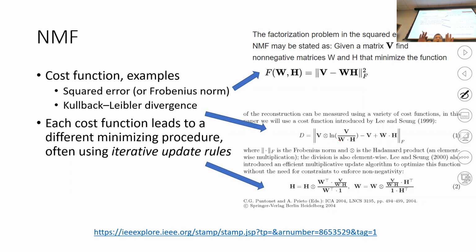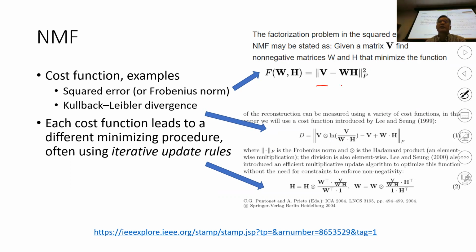You can have a matrix M by N and decompose it into M by D and D by N. You can put random numbers in there first, just like unknown parameters, and make a product. Then you compare your product with the original, see how you can change the values and optimize, to make the difference between these two matrices as small as possible. So that's the cost function of NMF.